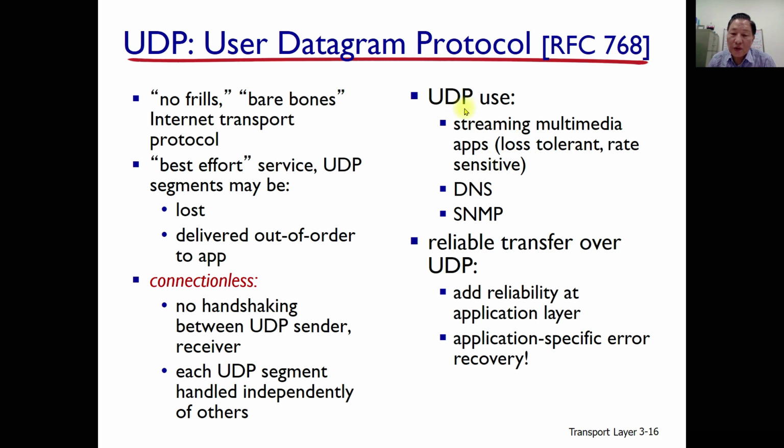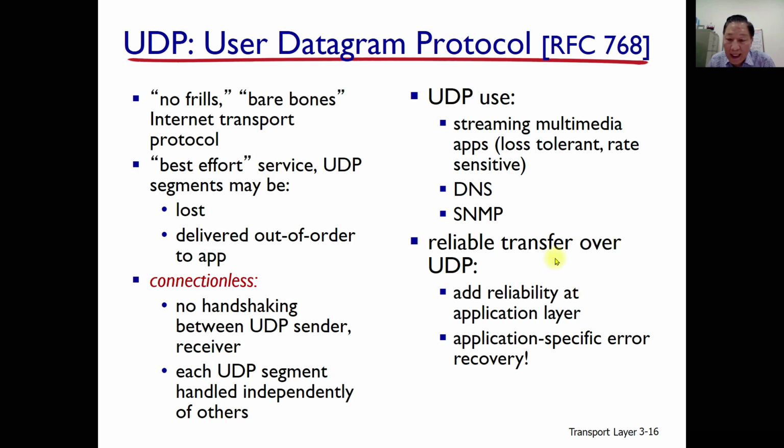This one is not being controlled by a strict protocol. It is flexible, a little bit more flexible, that is loss tolerant. And this one is being used by DNS and Simple Network Management Protocol. Those are application layer protocols. They are using this transport layer protocol, UDP, instead of TCP.